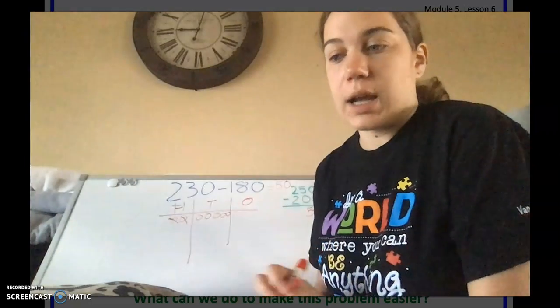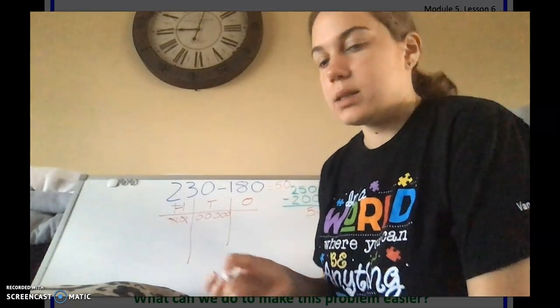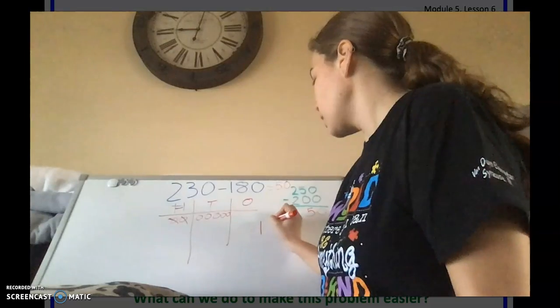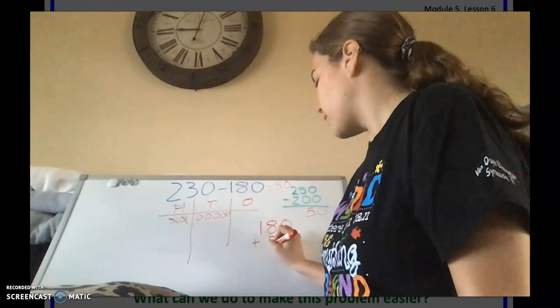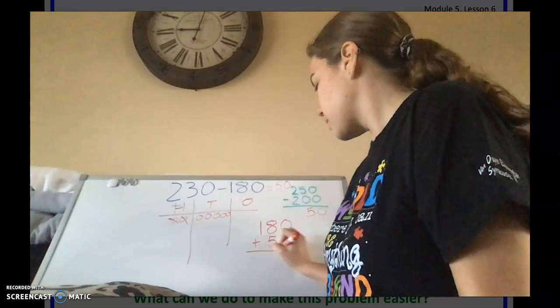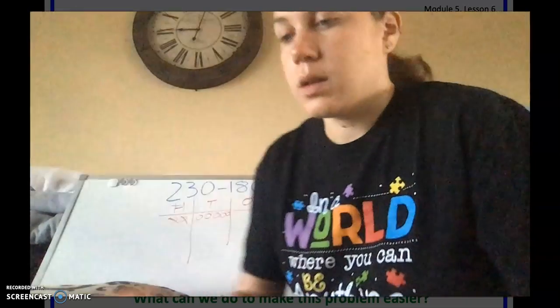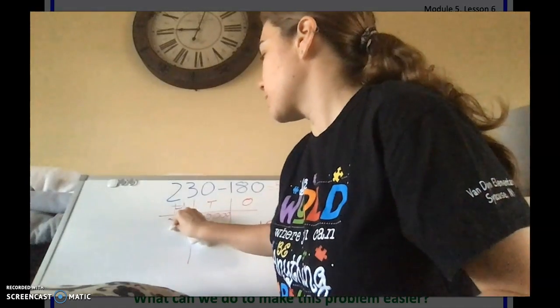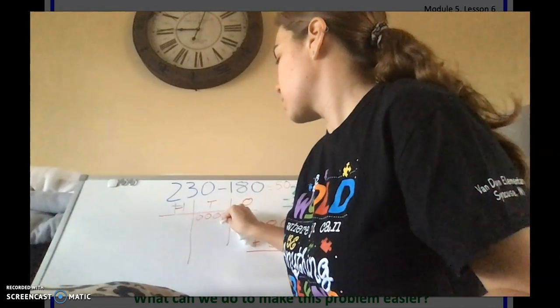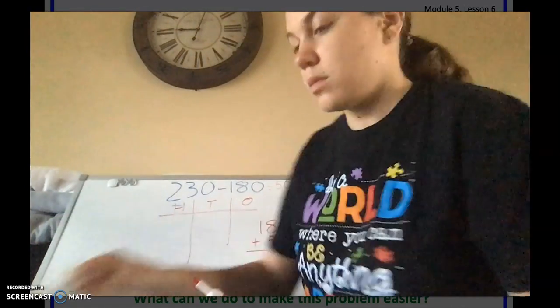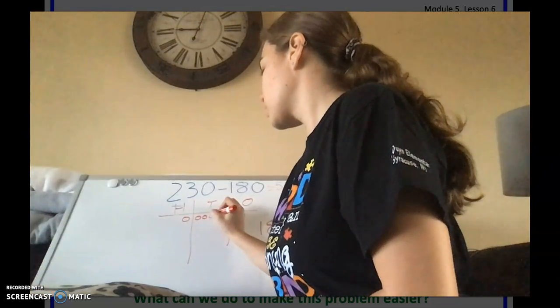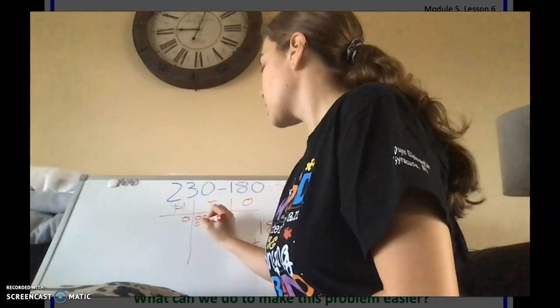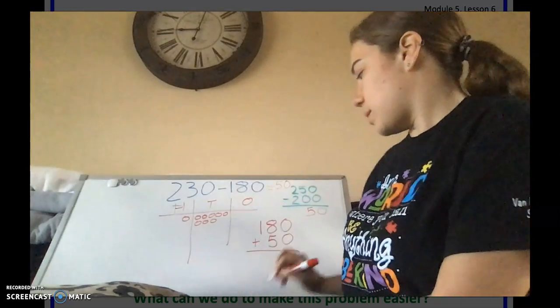So in order to check this with our addition sentence, you can do 180 plus 50. So if we needed our place value chart, we could draw our 180. And then we add our 50.